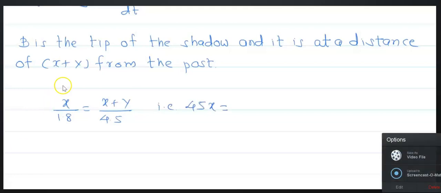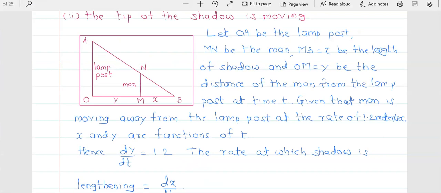Now solve this. Now the two triangles are similar. The given two triangles are similar. Therefore, x upon 1.8 is equal to x plus y upon 4.5.